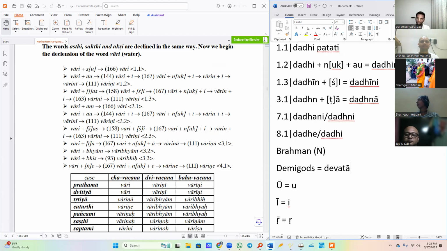The personalities of demigods are male, but the word Devata is Lakshmilinga. So the genders of the name and the name holder are not always the same. They can differ. And second, a Brahmalinga Shabda can be used for a living person, a living entity. So we have to know all these words also.